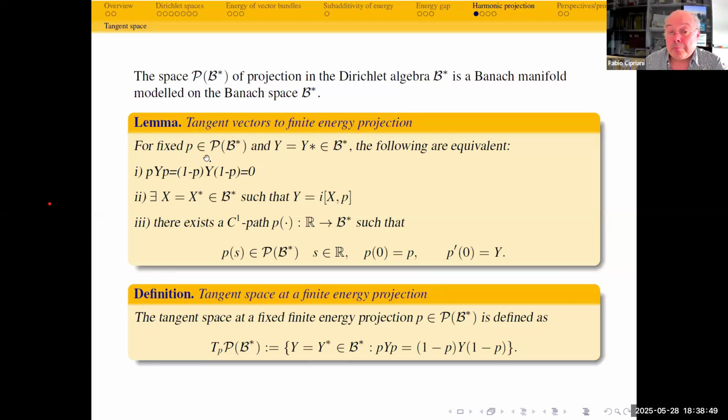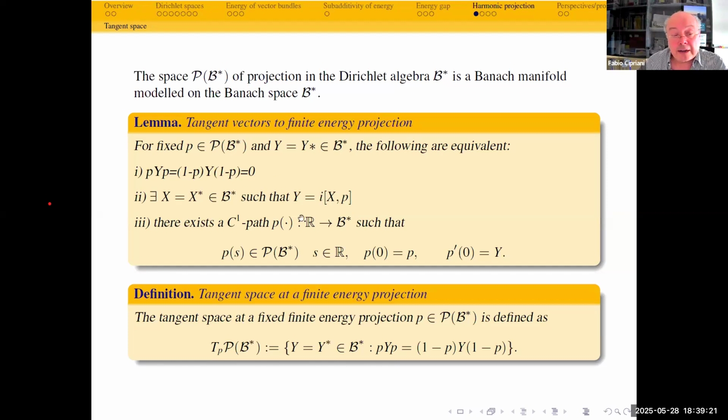For a fixed finite energy projection P and a self-adjoint element Y in the Dirichlet algebra, we have two equivalent properties. P Y P is equal to (1 minus P) Y (1 minus P), and since they are operators acting on orthogonal spaces, they both have to be 0.